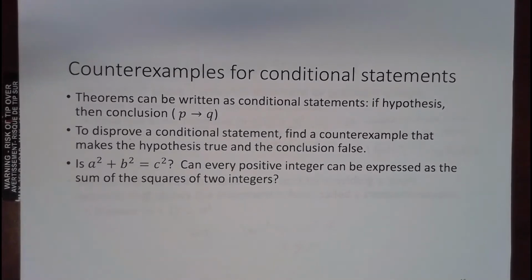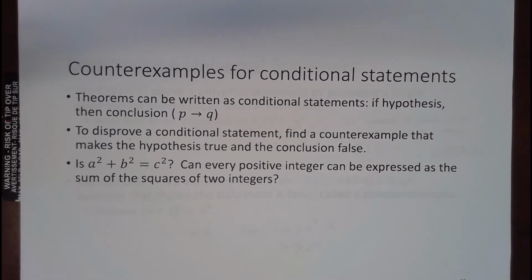This is one of my favorite things. I ask my geometry students, what's the Pythagorean theorem? And they tell me that the Pythagorean theorem is a squared plus b squared equals c squared. That is not the Pythagorean theorem. If you just write a squared plus b squared equals c squared, that means, for all a, b, and c, a squared plus b squared equals c squared.